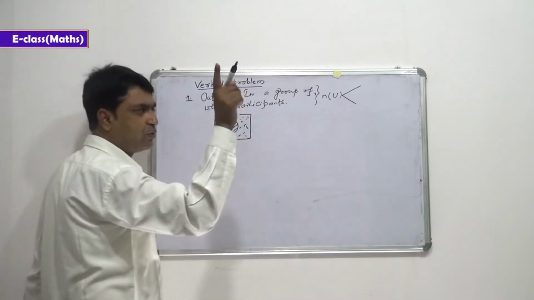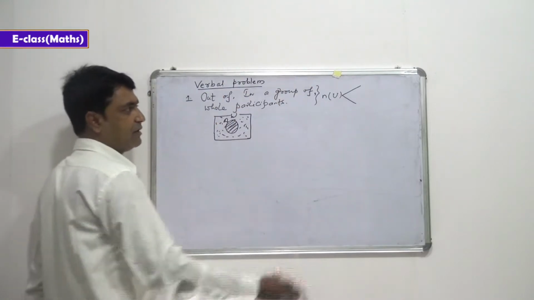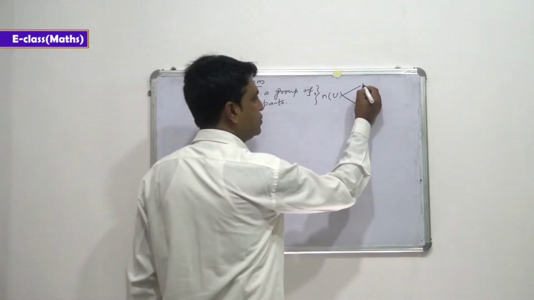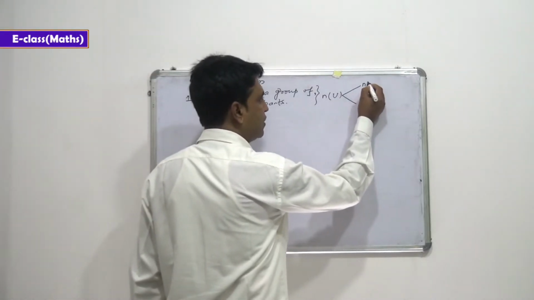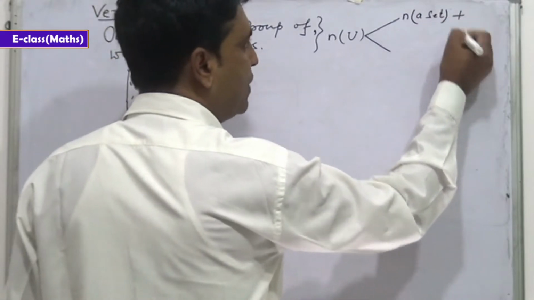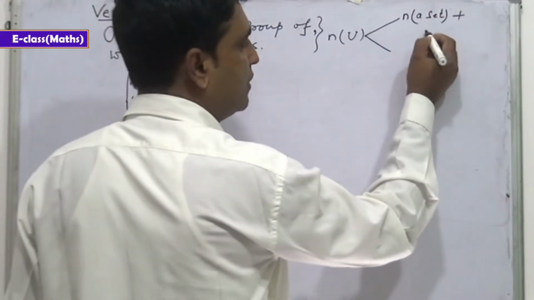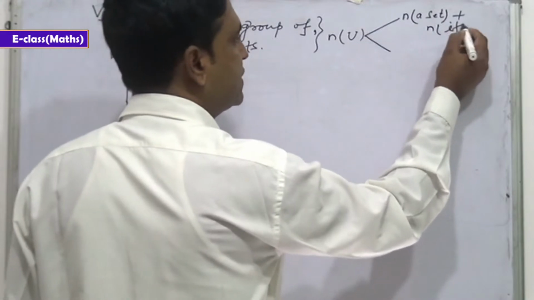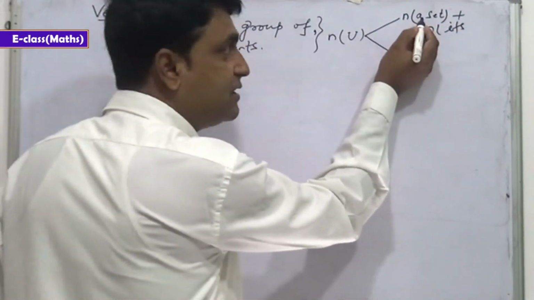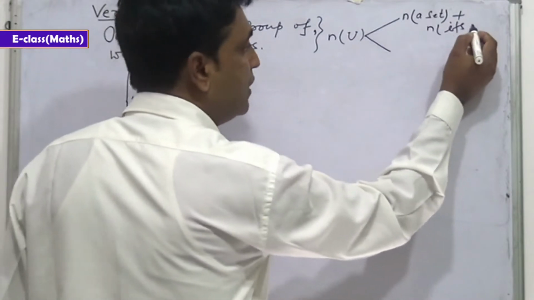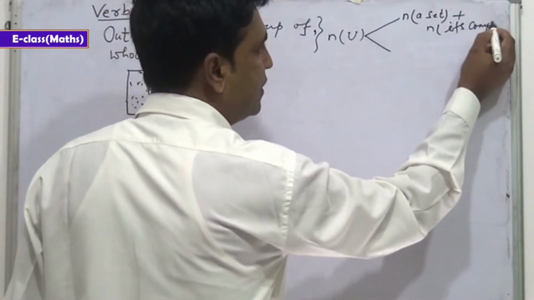So this gives us one relation. What is that? Anywhere you can use it. That is N of U equal to the cardinal number of a set, let me write there, set A, plus the cardinal number of its complement. Whatever the set is there, if I write here A, there will be its complement.